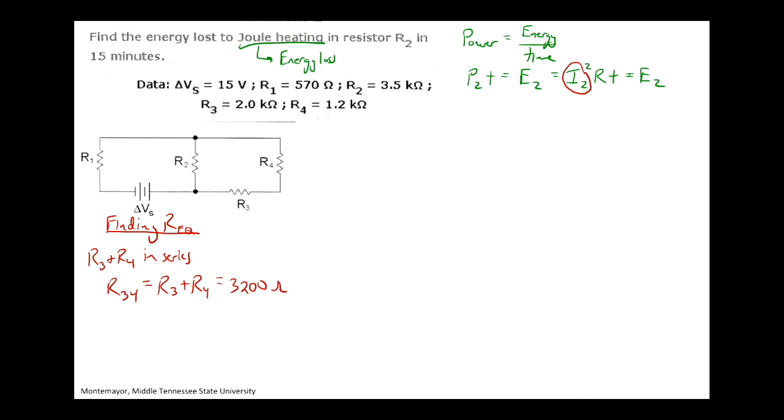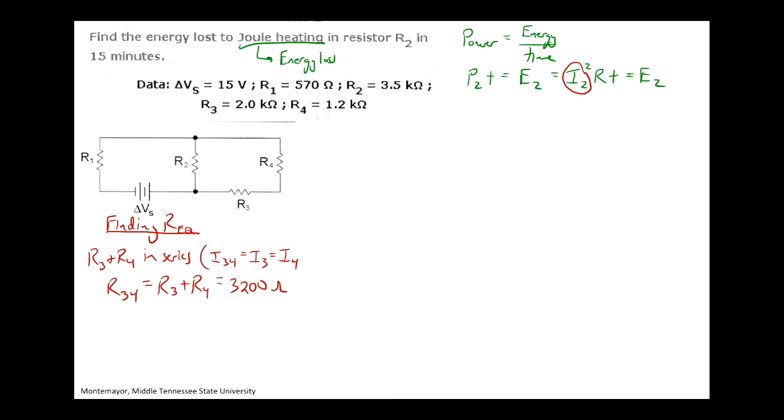Also, don't forget, when resistors are in series, they have the same current passing through them. So just as a means of review and also to keep track of what's happening as we work through the problem, the current that's passing through this combination 3-4 is the same as the current that would be passing through either resistor 3 or resistor 4 separately.